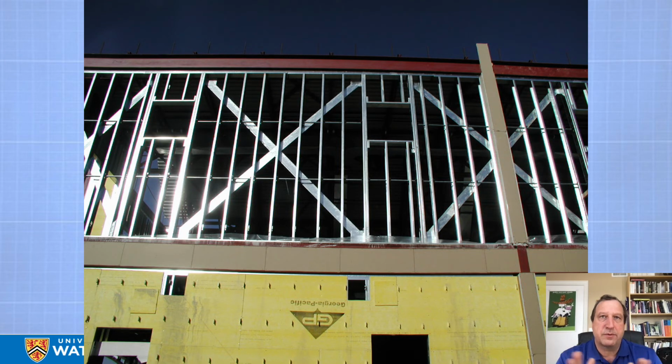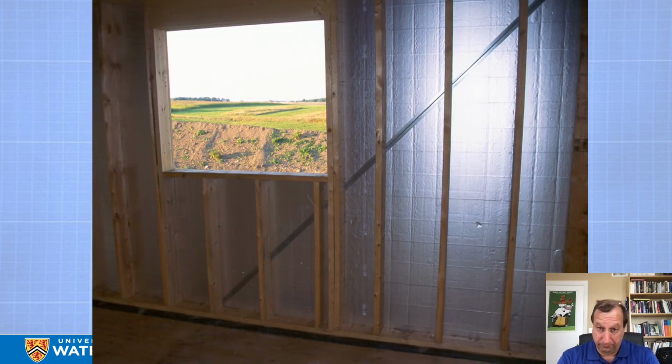We even sometimes see X bracing used for low-rise buildings of relatively thin amounts of material. This is a 2-story building using flat straps of cold form steel, which can be quite stiff and strong. But the challenge is to make sure that you can transfer the loads. The end connections become the critical thing.